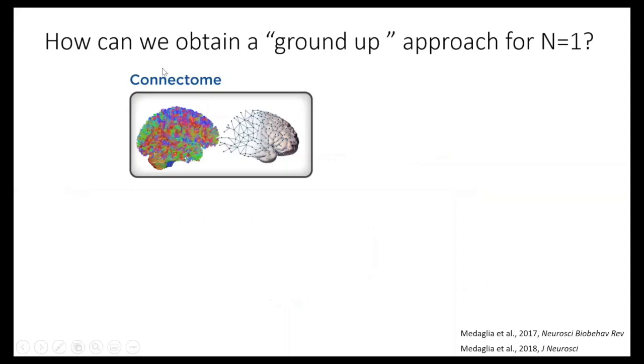So I just want to briefly remark on one general way to think about this in a ground-up way for the N of 1. One way we've written about this is that you can think fundamentally that there's some white matter backbone to the brain, so different regions need to communicate with one another over many pathways.